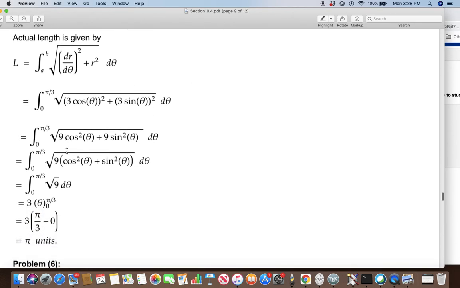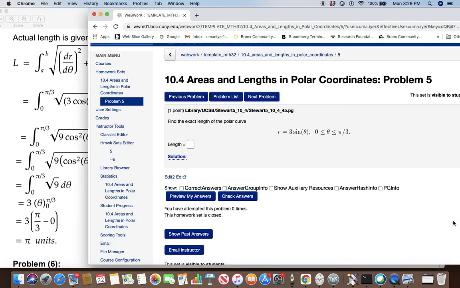All right. So 9 cosine squared plus 9 sine squared. Well, that is simply 9. Square root 9 is 3. So we bring the 3 out. Integral of d theta is theta with the limits of integration 0 to pi over 3. Answer is pi over 3 with a 3 outside, which gives me pi. This was a straightforward problem.